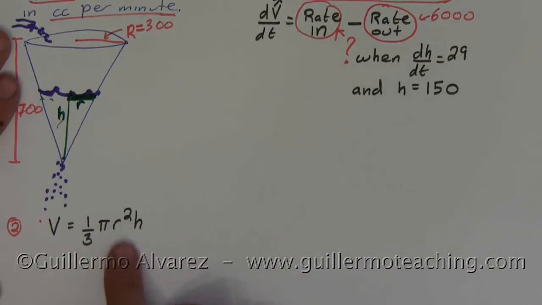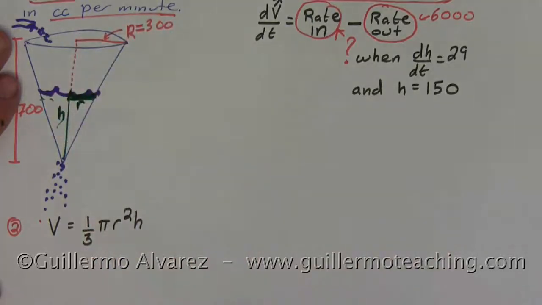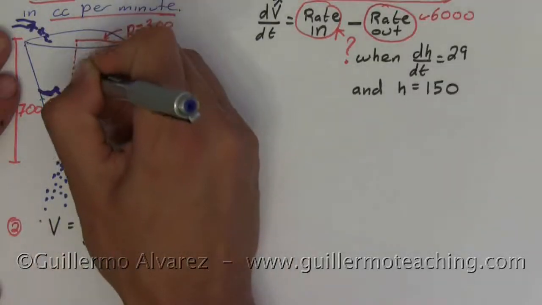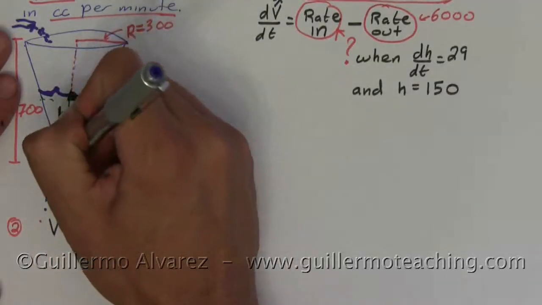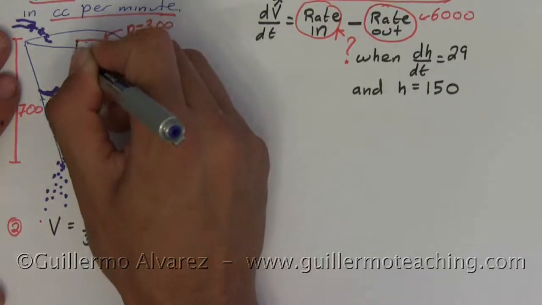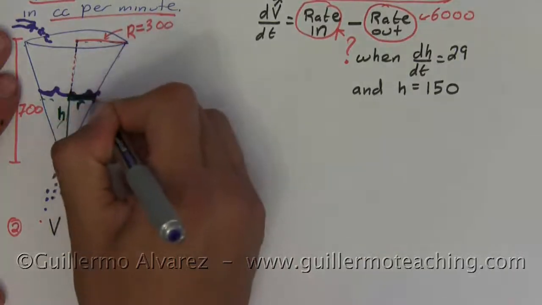But there's a little way around it using a little trick, and the little trick involves noticing that inside of here, if you look at this as one triangle formed by cutting the cone in half, you have one big triangle and one little triangle.